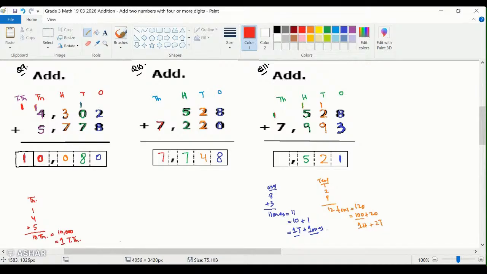And 1 plus 7 would be 8, 8,521. Do we agree on the answer? Question number 11. There are 8,000s, 500s, 2 tens, and 1 ones. Okay.